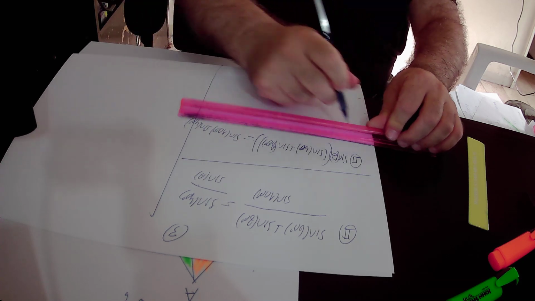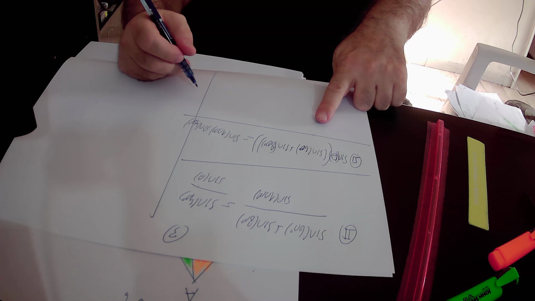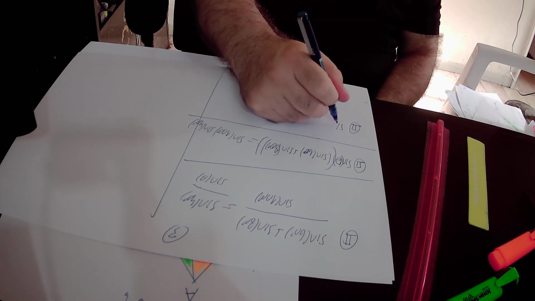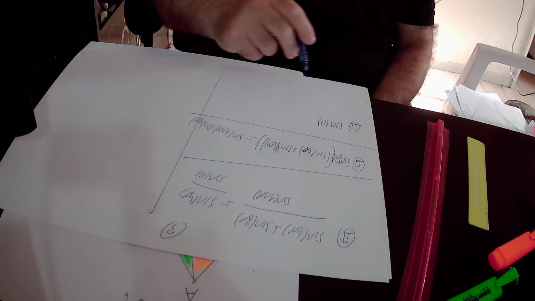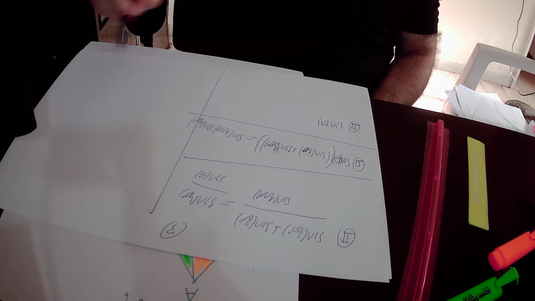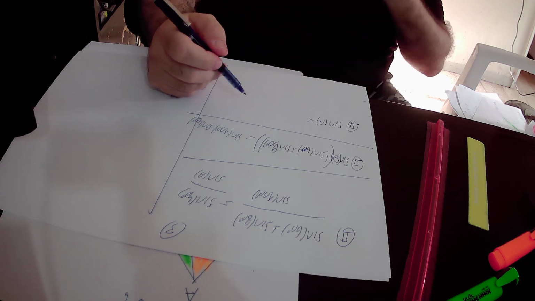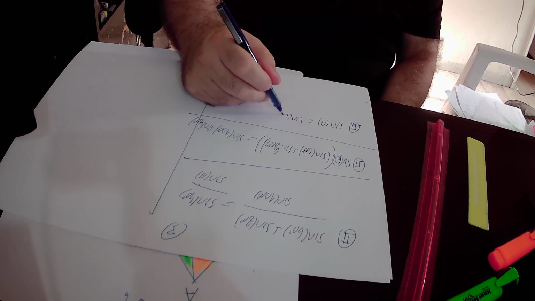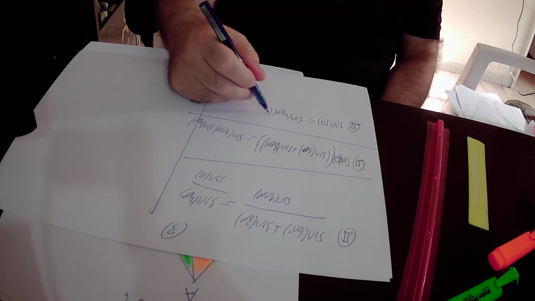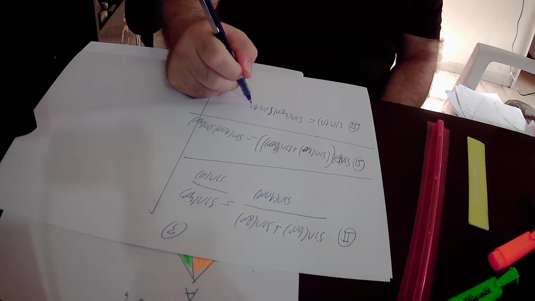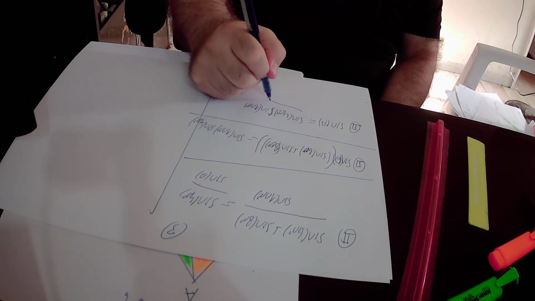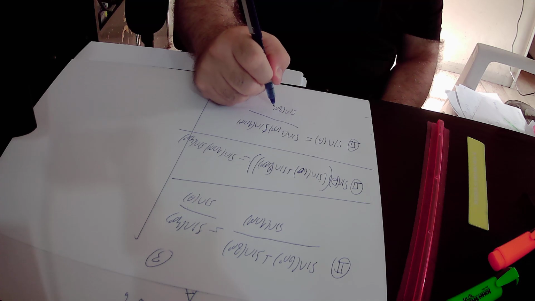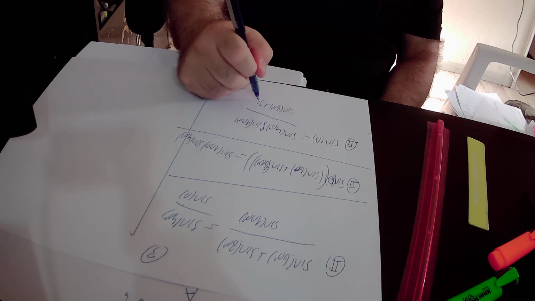Now we divide this equation by sine 60 degrees plus sine 80 degrees, and we get that sine theta equals sine 40 degrees times sine 100 degrees over sine 80 degrees plus sine 60 degrees.